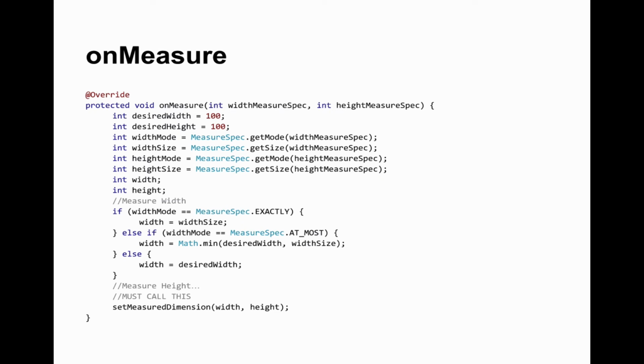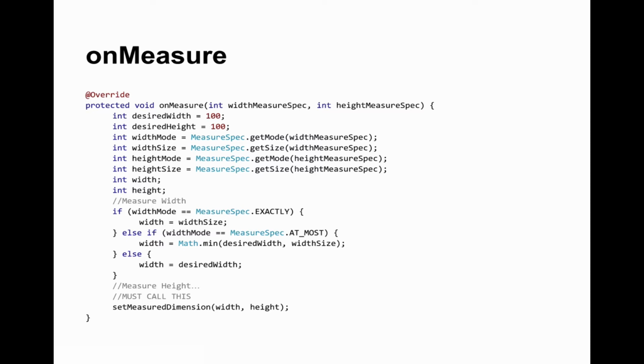So this is an example of how to write that code. This is an onMeasure method in which we are given a width measure specification and a height measure specification. For both width and height, you get your wish. Suppose that if nobody told you anything else, you would like to be 100 by 100 pixels.